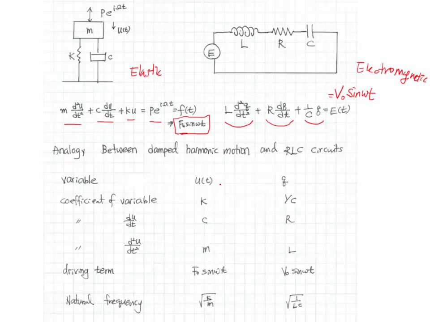Then the variable here is the displacement u, and this is the charge q in the electromagnetic wave, and the coefficient of the variable here in first order is the k, the stiffness term, and this is 1 over C. And here the damping coefficient, and R the resistance.